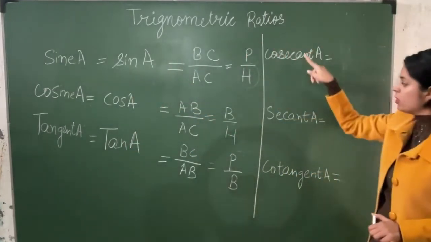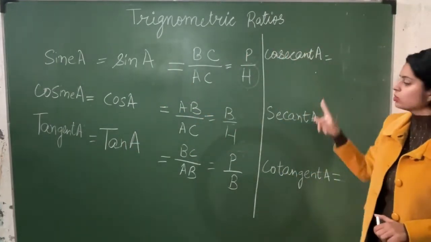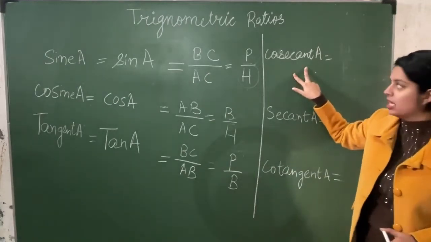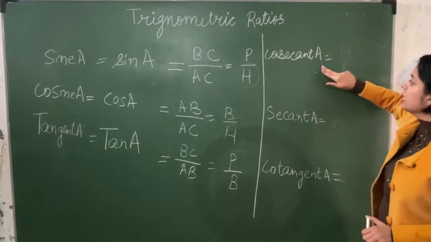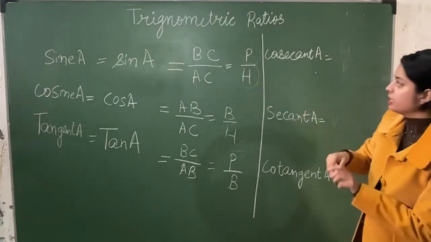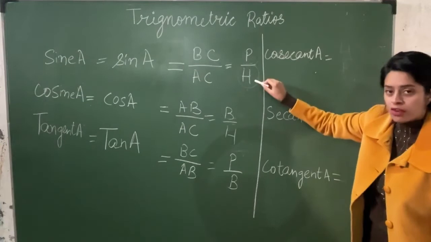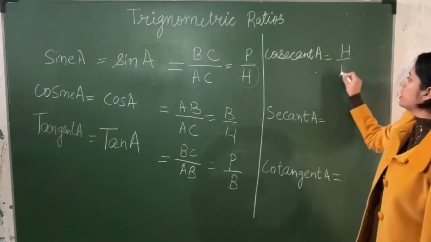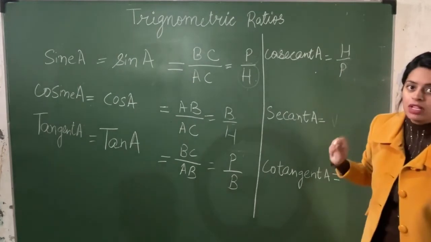Now we will talk about the other 3 ratios. These are also called trigonometric ratios, but there is some small difference. Cosecant A is the reverse of sine A. Sine A was perpendicular over hypotenuse, so cosecant is hypotenuse over perpendicular, H over P. Got it?